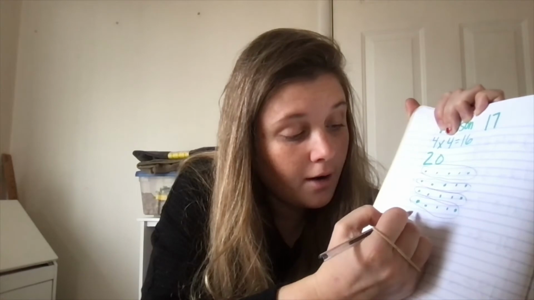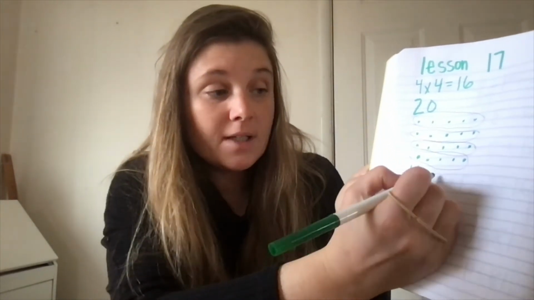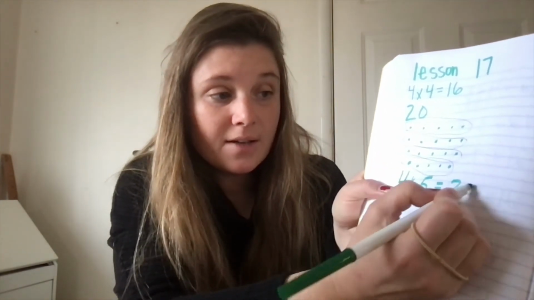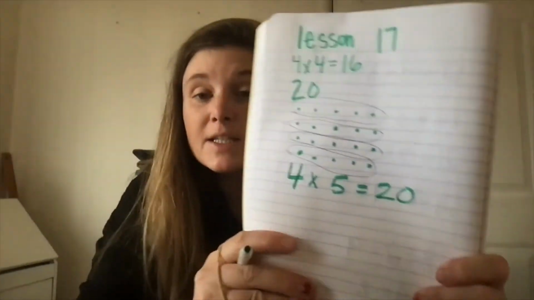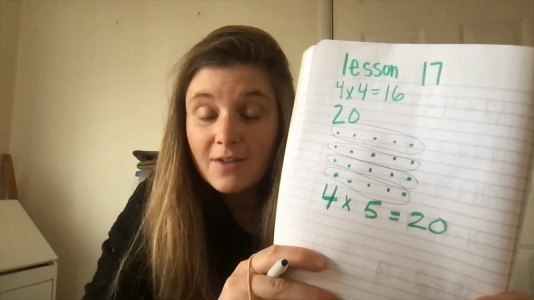So this is 4 groups, or 4 times 5 equals 20. Let me write it in marker so you can see it. This is 4 groups of 5, or 4 times 5 equals 20.